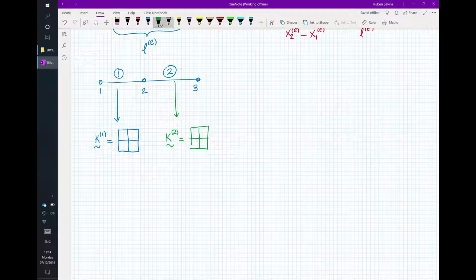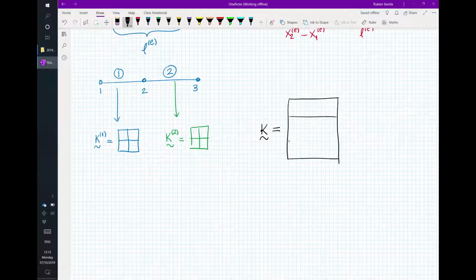How big is the global stiffness matrix, K, without indexes? How big is this matrix? 3 by 3, because we have 3 nodes total in the mesh. And remember, we need to find one coefficient per node. So this is why the global matrix will be 3 by 3. Now what we are going to use is the numbering.